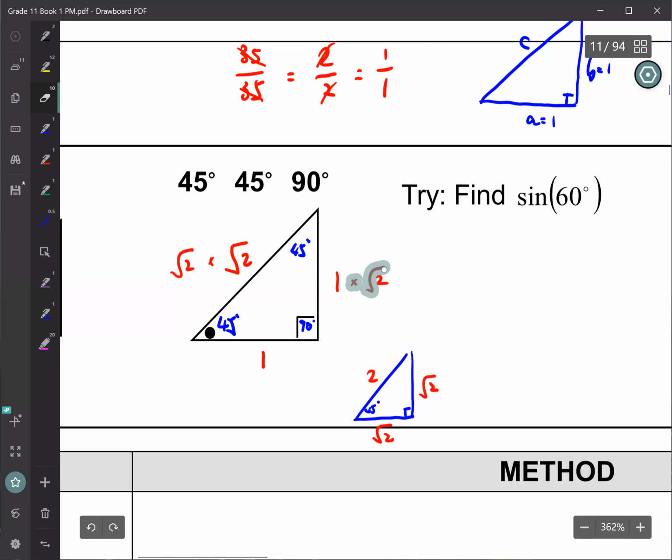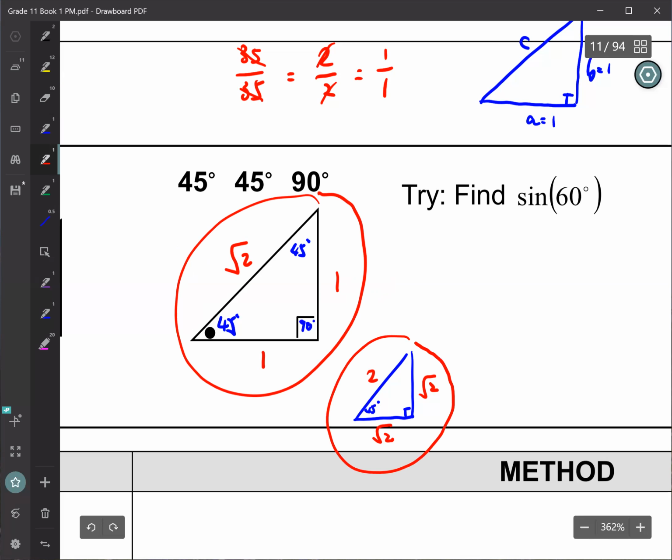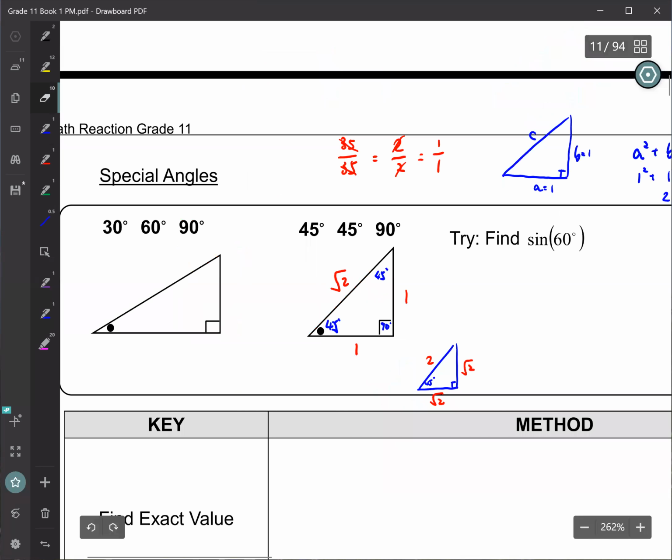You could either memorize the big one here, or you remember this one. Even though the numbers are different, they are still keeping the same angle. It's still isosceles, so it still works. I think 95% of the time we'll be using the 1, 1, root 2. So just keep that in mind.